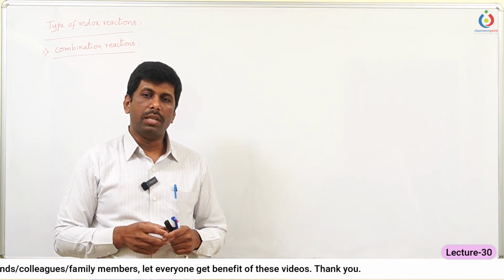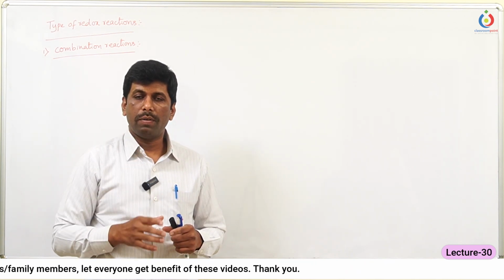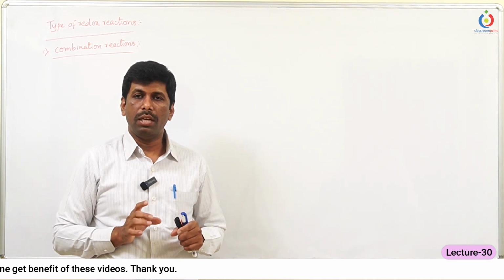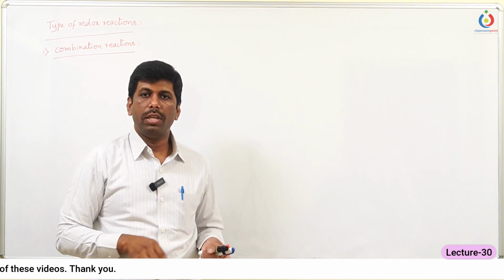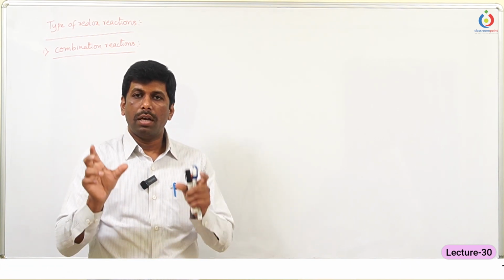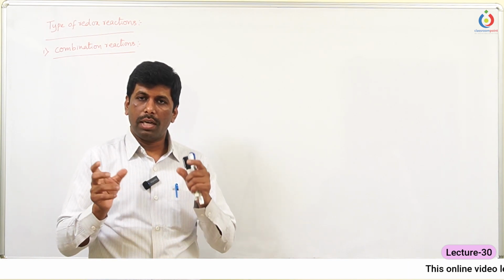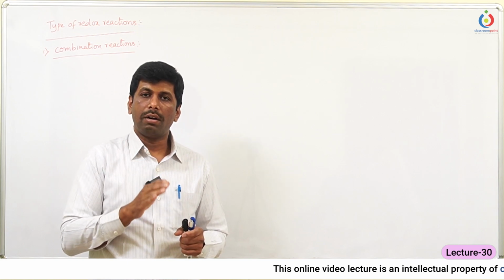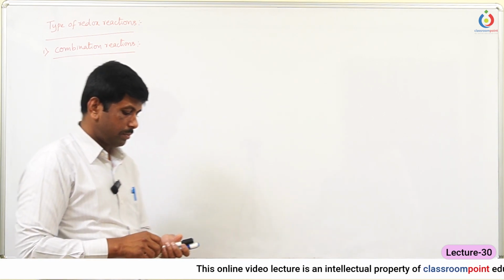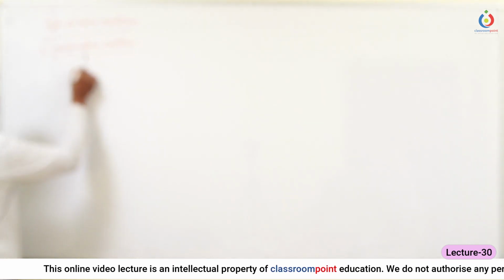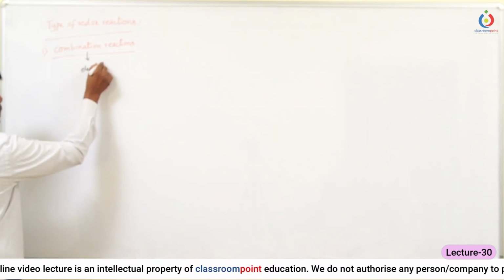Both may be present in elemental form, but at least one reactant in a combination reaction must be in the elemental form, then only it will be a redox reaction. We shall see what happens if both of the reactants are not in the elemental form but in the combined form, and why they are not called redox reactions. Let us see now.